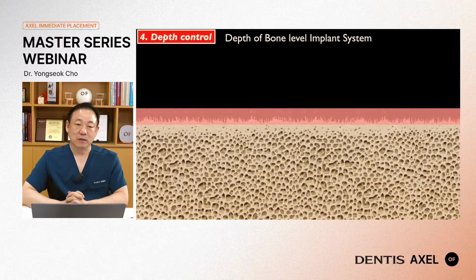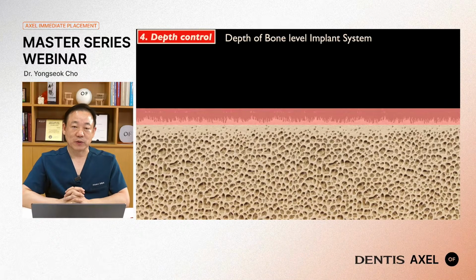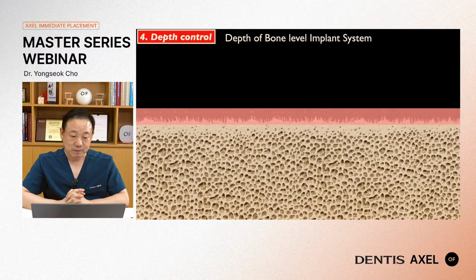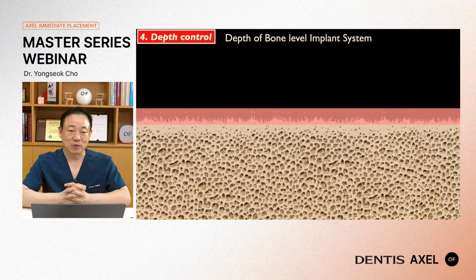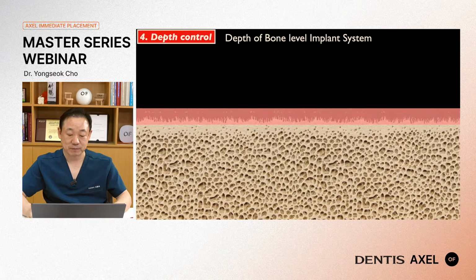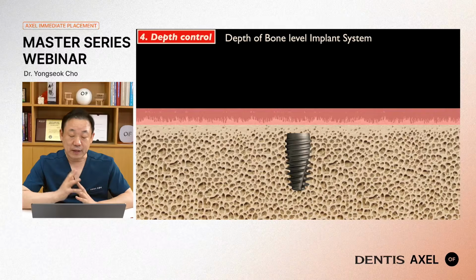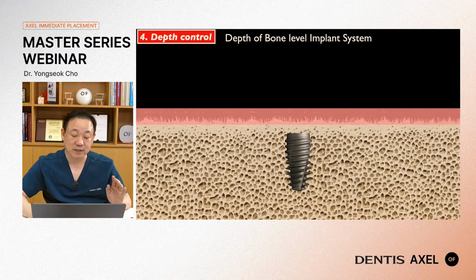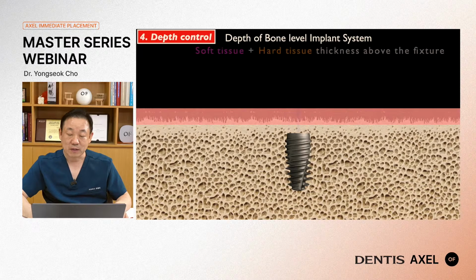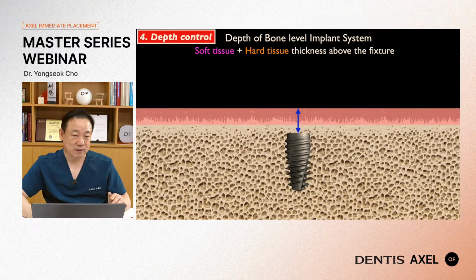And the last key point is depth control of the implant. What is the basic guideline for depth of a bone level implant system? It is an internal bone level implant system with a rigid connection. I recommend you sink the bone level implant, watching the total soft tissue and hard tissue volume of the implant.